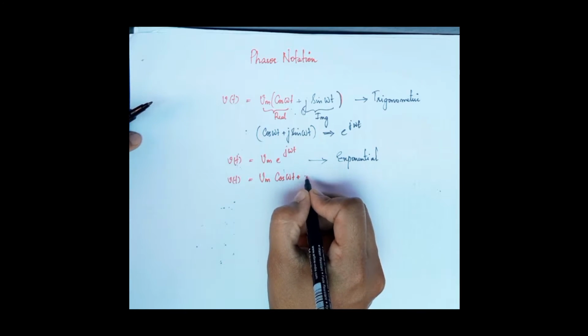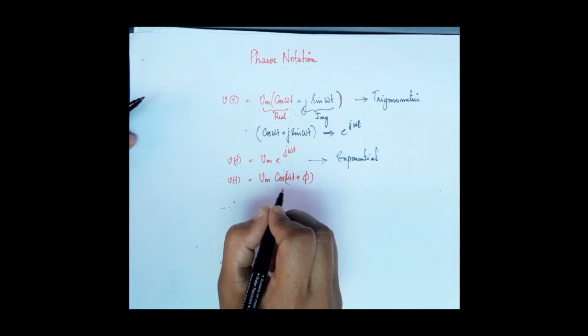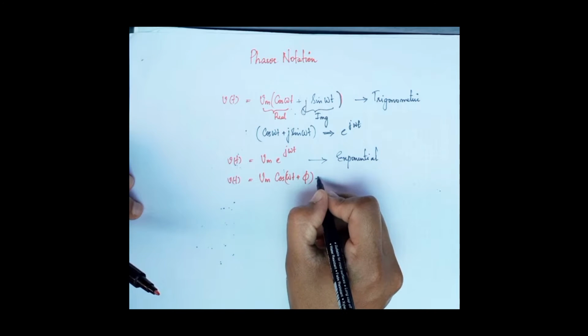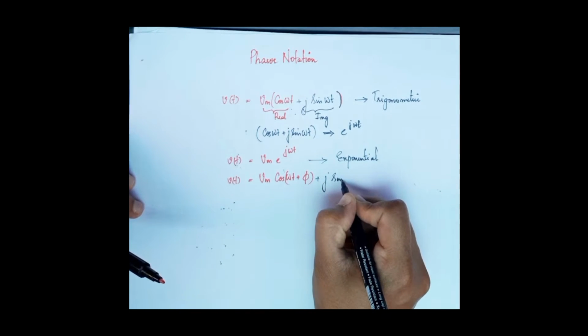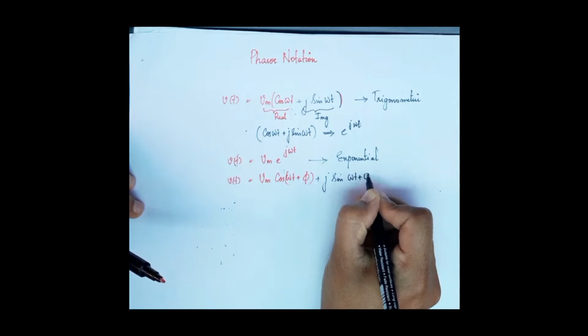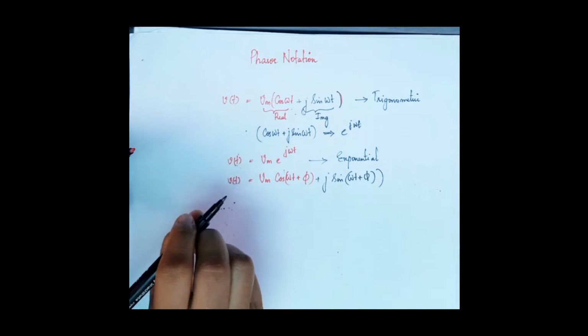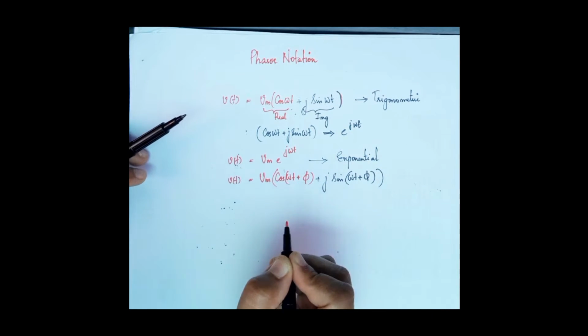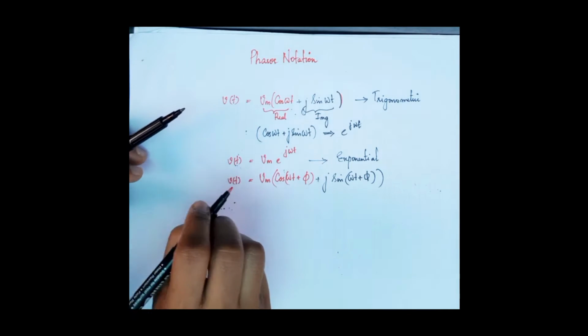Now consider a voltage or current with a phase angle phi. This is with a phase difference of phi. We can write it in complex terms as Vm cos(omega t plus phi) plus j sin(omega t plus phi).